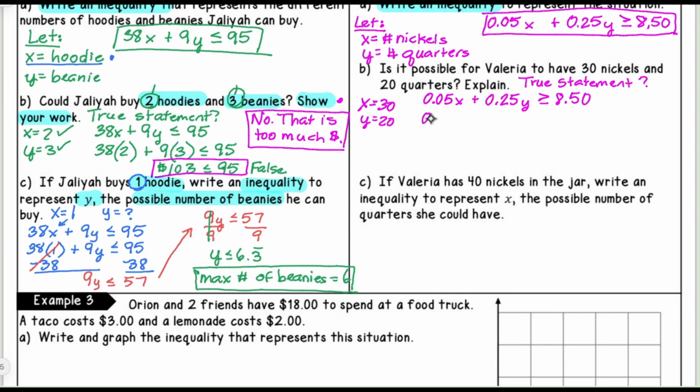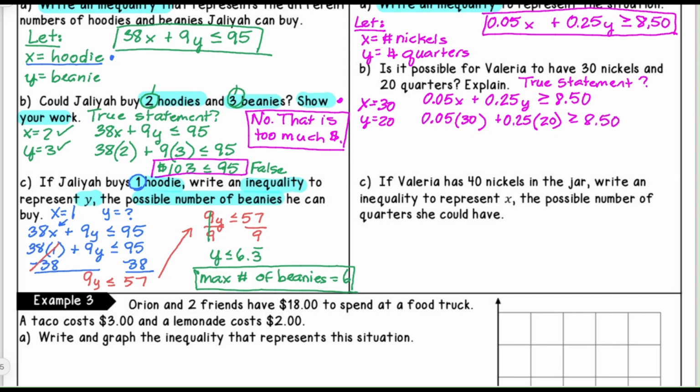I'm going to plug this in. So 5 cents for each of the 30 nickels, plus 25 cents for each of the 20 quarters, greater than or equal to $8.50.